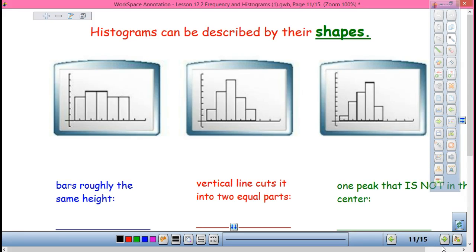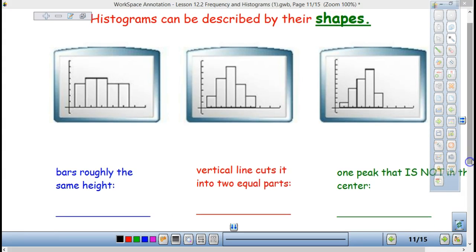All right, so let's match these guys up by their shapes. The bars are roughly the same height. The first one, yep. A vertical line cuts it into 2 equal parts. The second one, do you think so? If I draw a vertical line, it's fairly even, a little bit different.